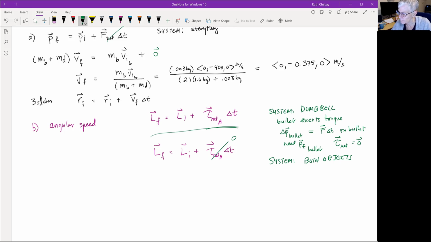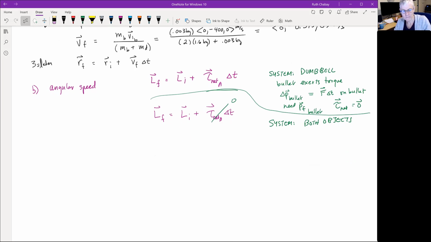So that's a different way to do it that I think is slightly simpler, but you may not think it's simpler, and it's possible to do it both ways actually.